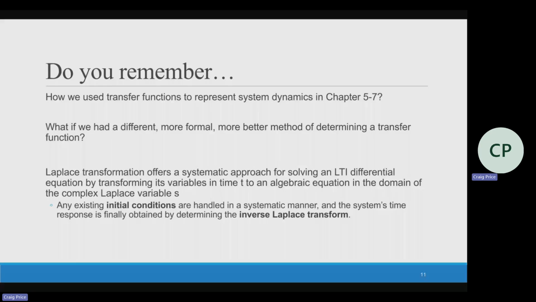Because it's nice and algebraic. And so it does allow us to move some things around, consolidate, solve algebraically using the complex variable s. And like I talked about, they handle initial conditions. So if I have any starting point, the transfer function cannot work with any initial conditions. So I'd have to do a Laplace transform to actually get that.